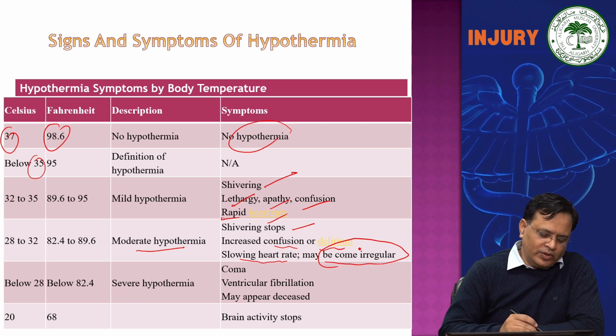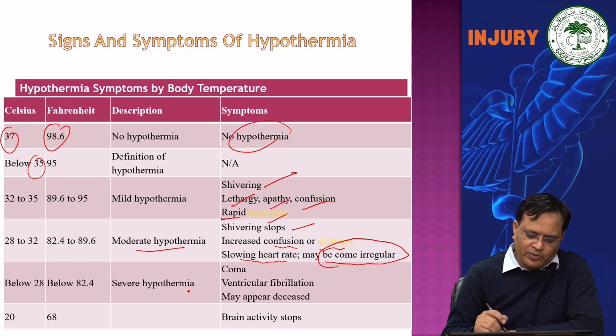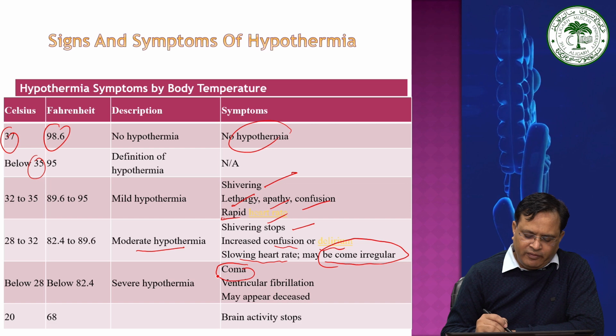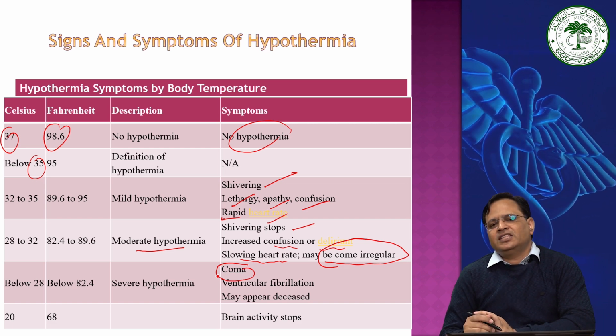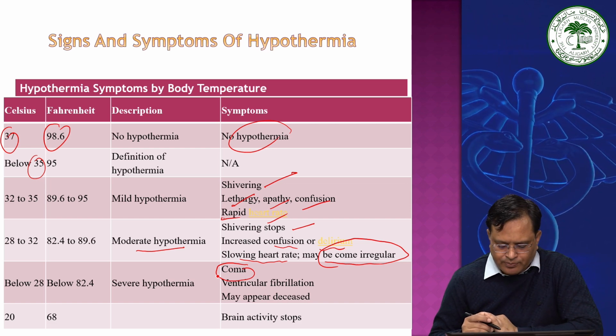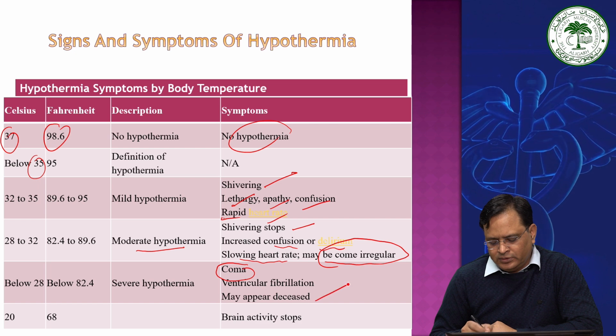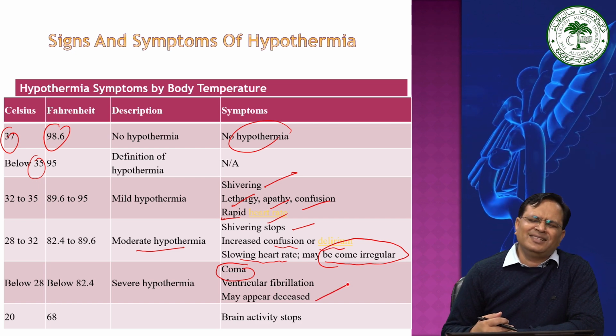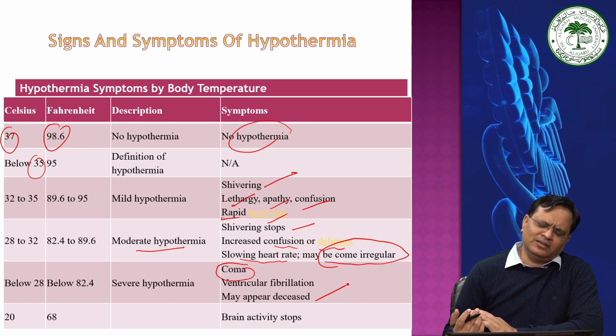So below 28 degrees centigrade is severe hypothermia; coma may intervene, ventricular fibrillation may develop, the heart may stop, and the person may appear dead or lying cold and clammy.